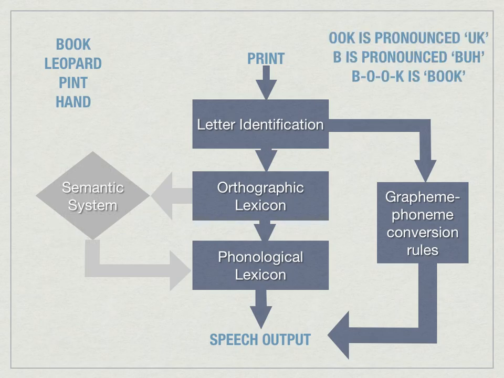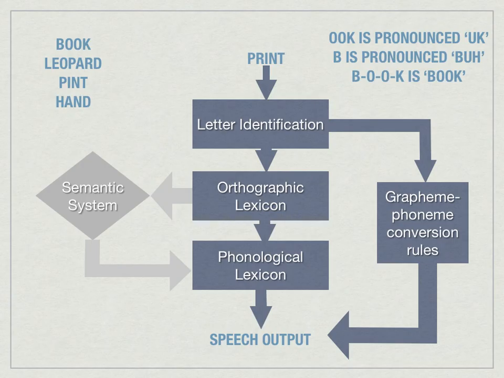Now, on the other side, on the extreme right, we take the word like B-O-O-K, and as I say, we use these little subword units to convert the sequence book into a pronunciation. O-O-K is pronounced ook, B is pronounced B, and out pops B-O-O-K. Notice, most interestingly, that the two roots work together to produce the same pronunciation.